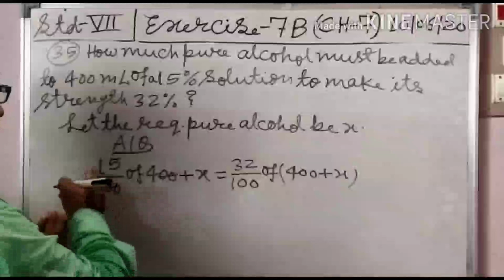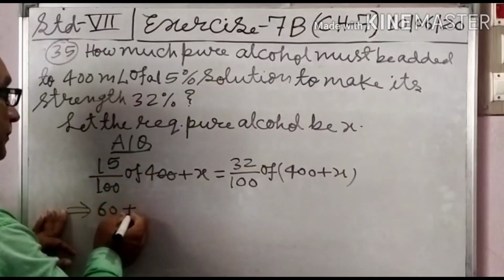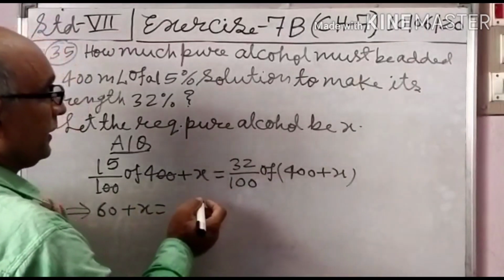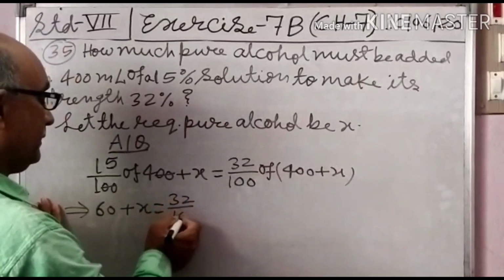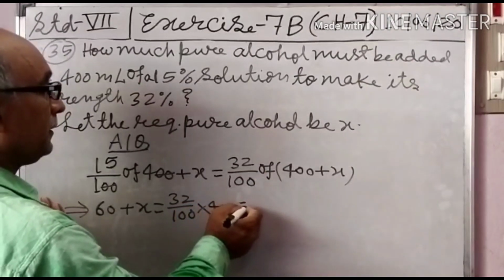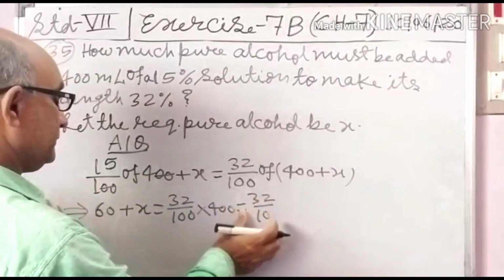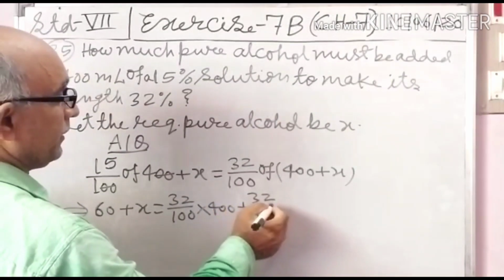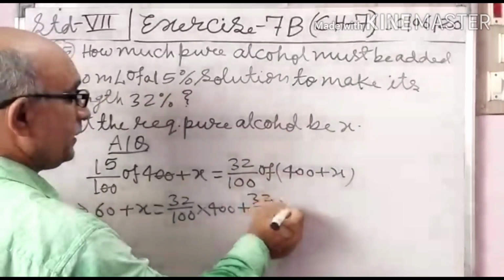00 to 00, 15 4s are 60, plus x equal to here 32 by 100 into 400 equal to 32 by 100 into 400 plus 32 by 100, remove the bracket, 32 by 100 into x.